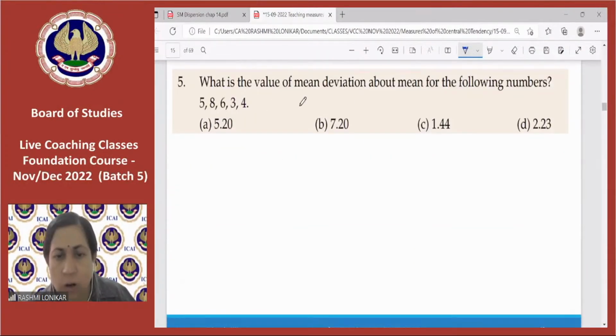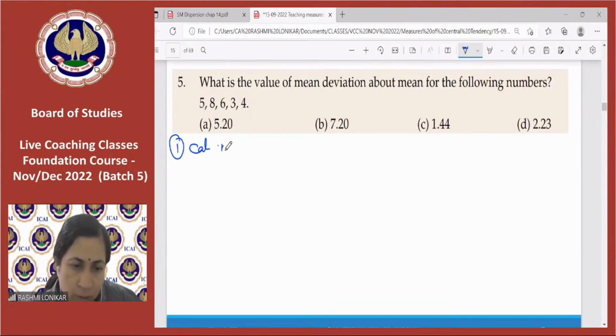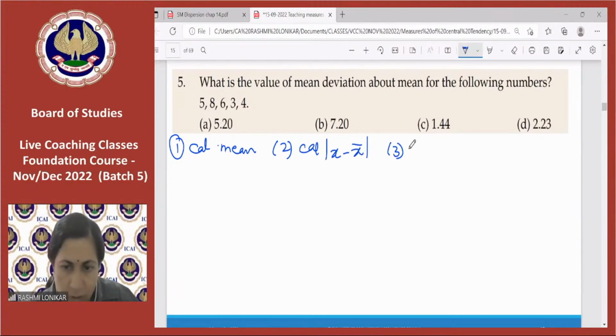Now, what is the value of mean deviation about mean for the following numbers? So what will be step 1? Calculate the mean. Step 2 will be calculate x minus x bar. Third step, add the deviations.